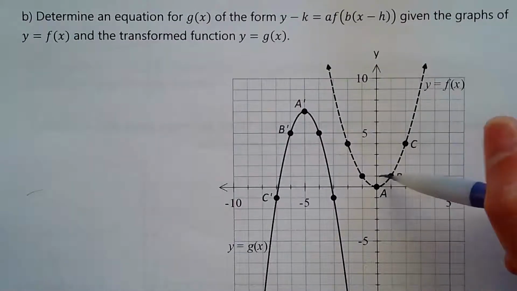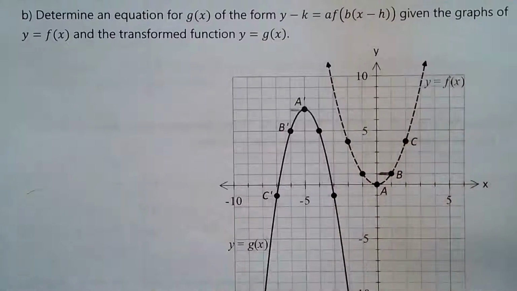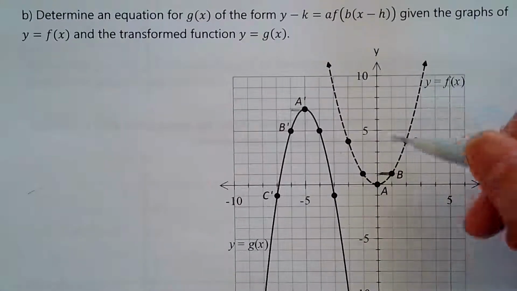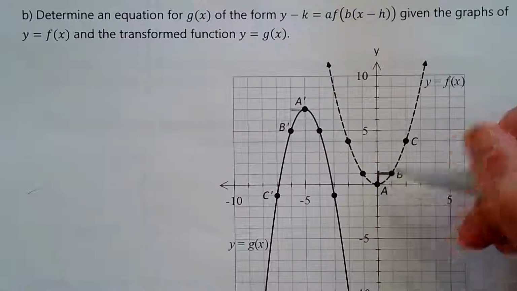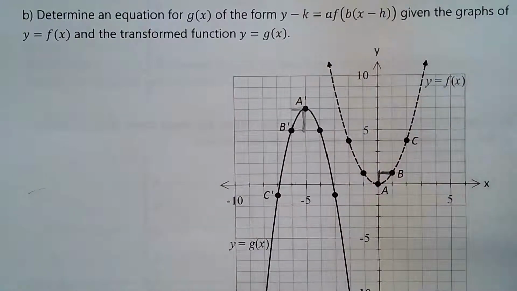Look at the A and B horizontally. It's 1 unit. A and B, 1 unit, no horizontal stretch. Is there any vertical stretch? Yep. Vertically, A and B is 1, and then A prime and B prime is 2, right?